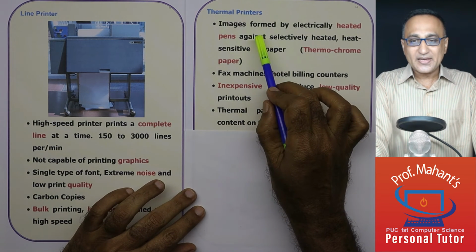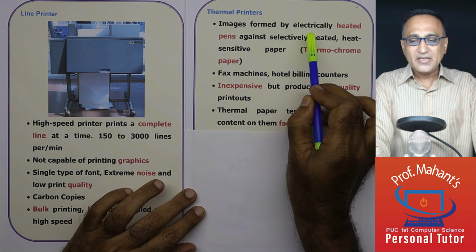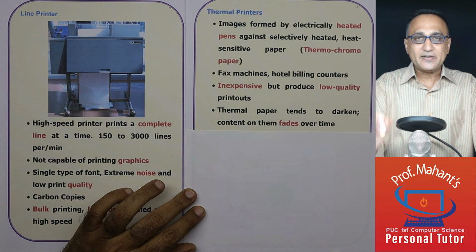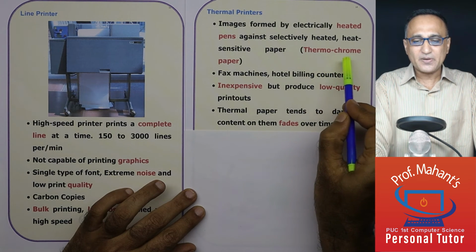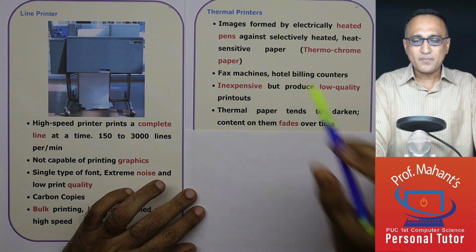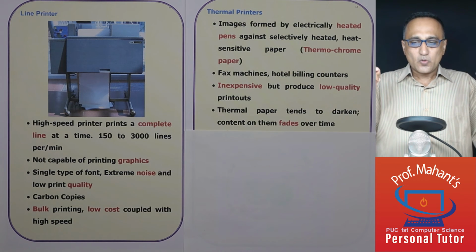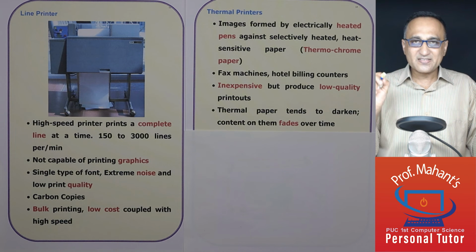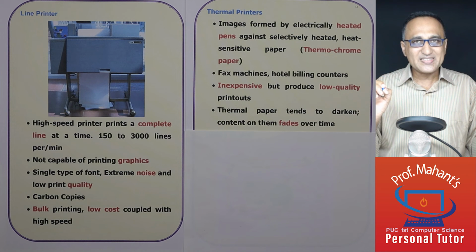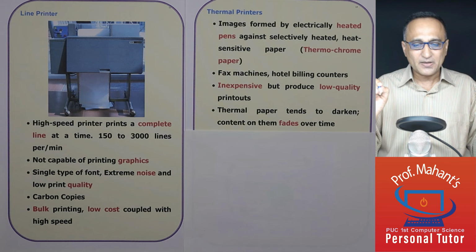The images or characters are formed by electrically heated pens striking against a heat sensitive paper, which is also known as a thermochrome paper. So what happens here is a heated electric pen strikes against a paper which is sensitive to heat, and once it strikes, characters are produced on that thermal paper.